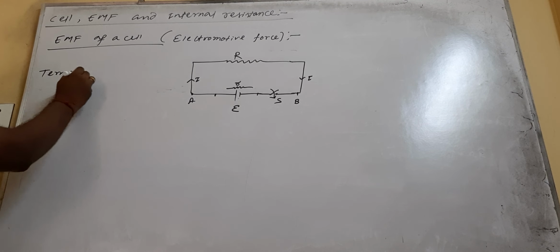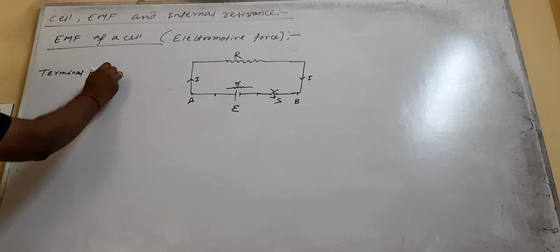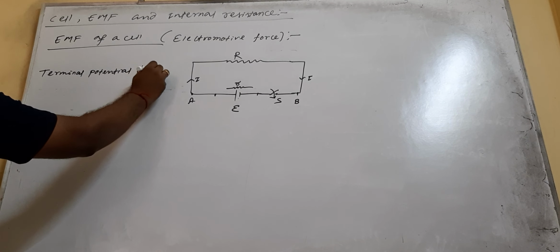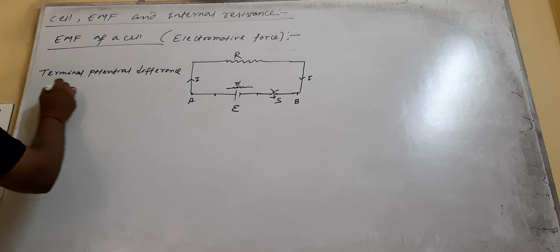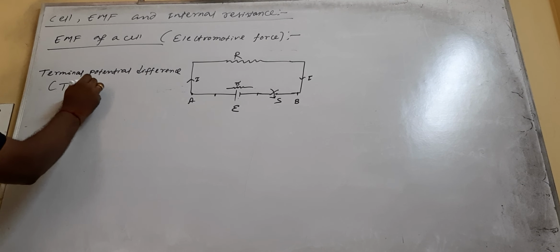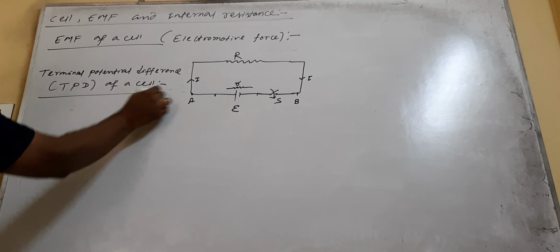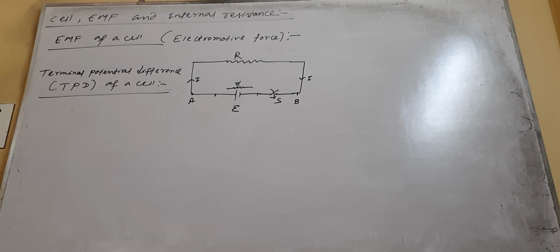So now come to terminal potential difference of a cell, that is T.P.D of a cell. What is terminal potential difference of a cell?